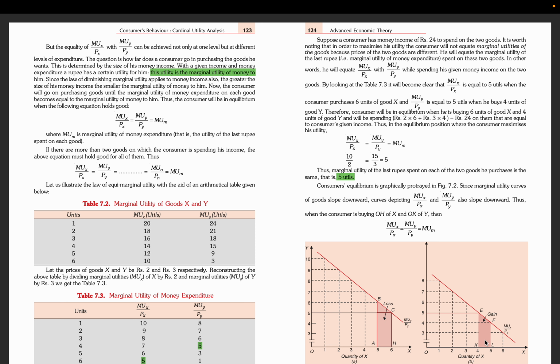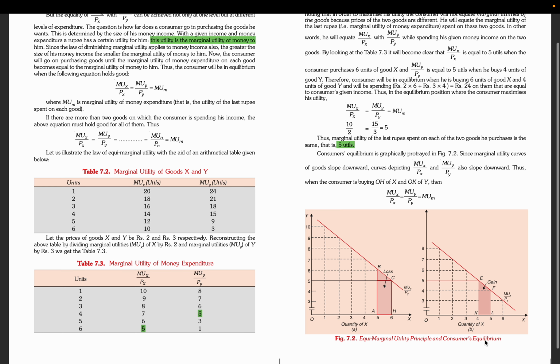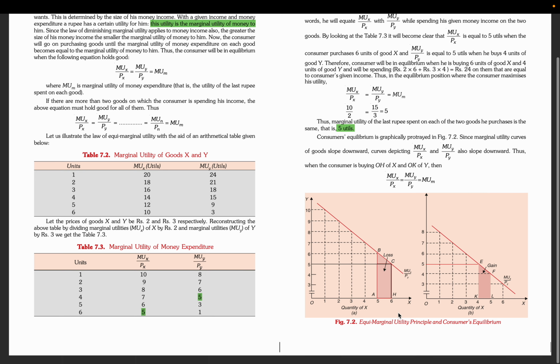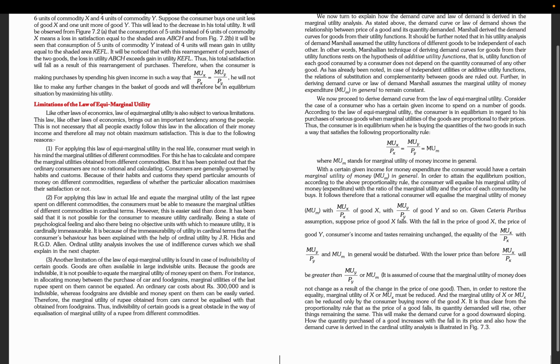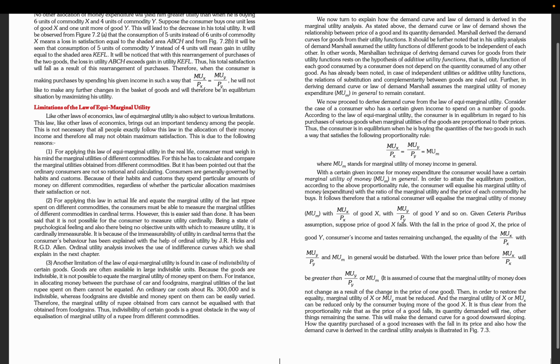This is 5 units, and this one is till 6, right? So this makes it clear that this area will be bigger than this one, because on the x-axis it's equal to 1 unit. Thus his total satisfaction will fall as a result of the rearrangement of purchases.